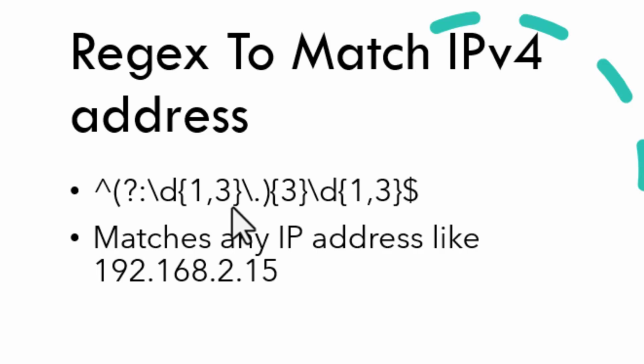Backslash d can match any number between 0 to 9. Backslash d 1, 3 is a shorthand for any 1 to 3 digit number like 473, 196, etc., but not 1024 since it's 4 digits. Similarly, a number must appear since the lower bound is 1 here. So we are definitely expecting a number.